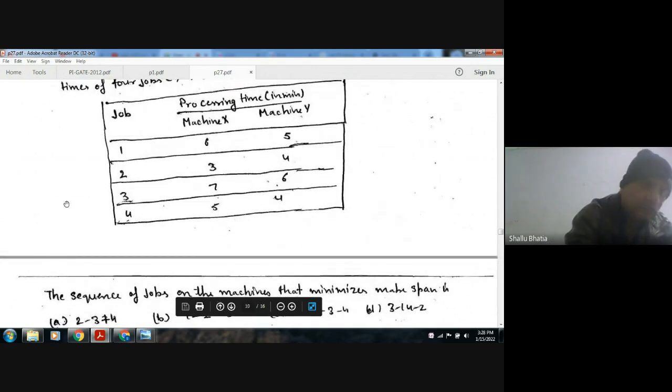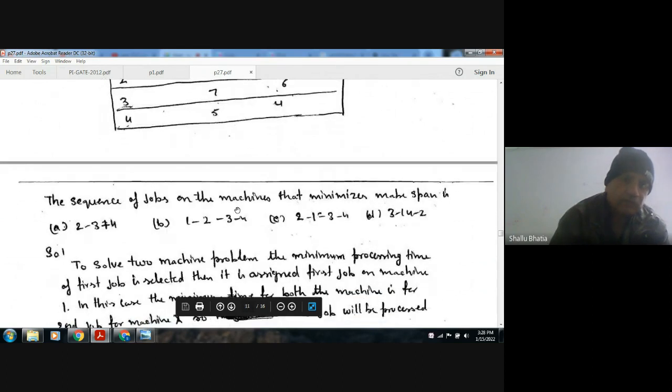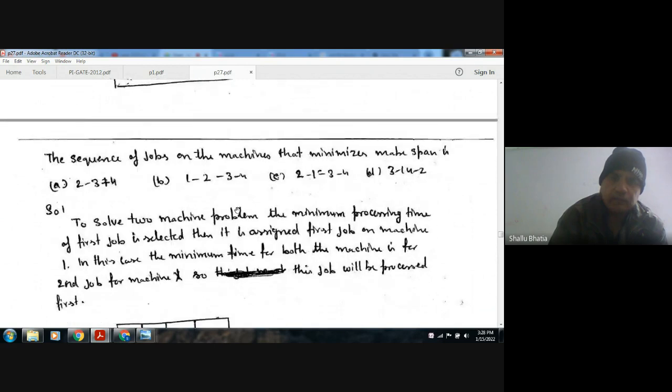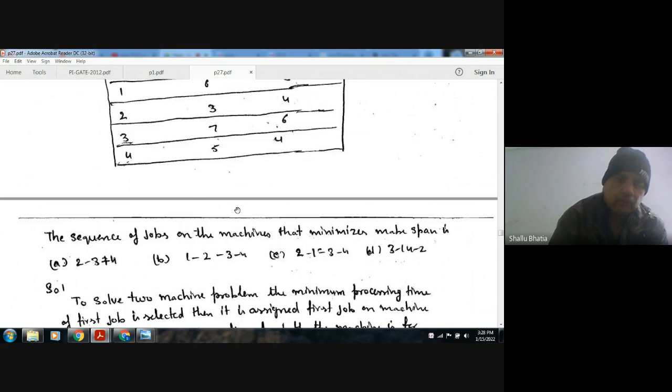We have to determine the sequence that minimizes the makespan. Options are A. 2 3 1 4, B. 1 2 3 4, C. 2 1 3 4, and D. 3 1 4.